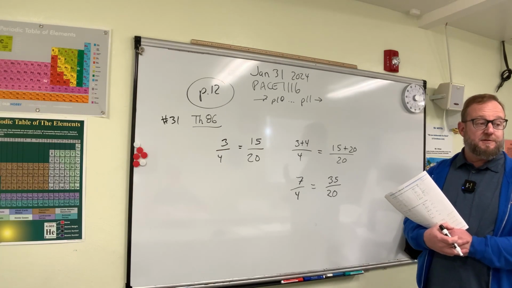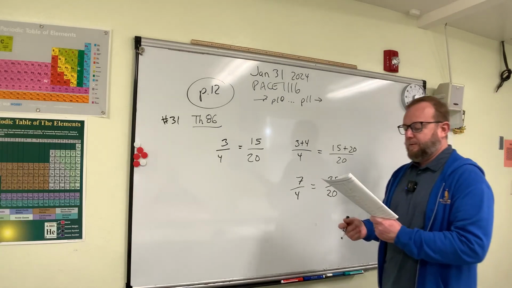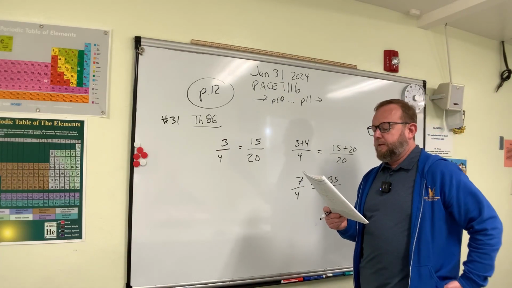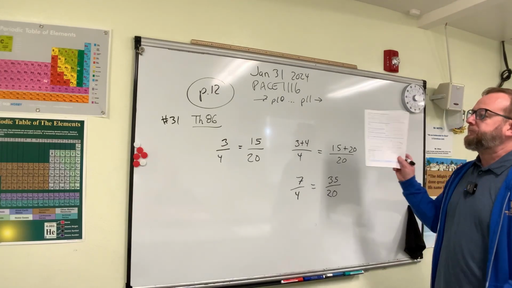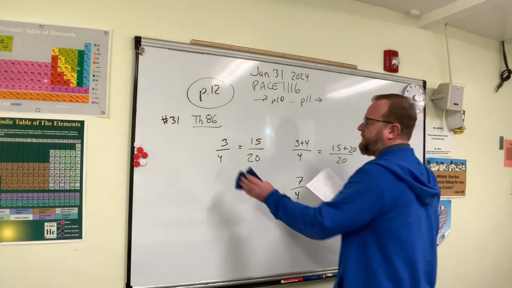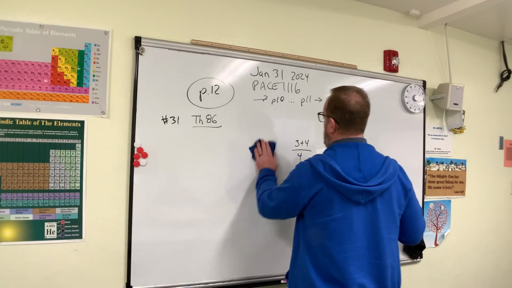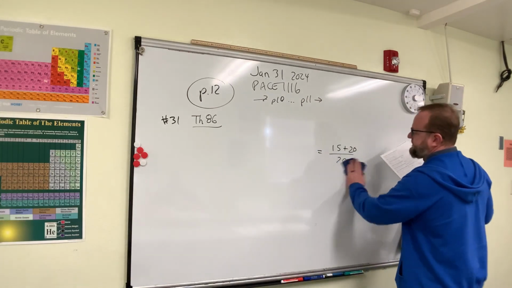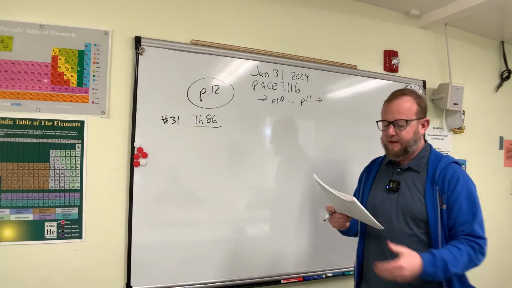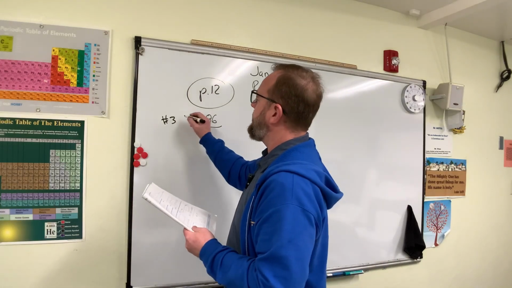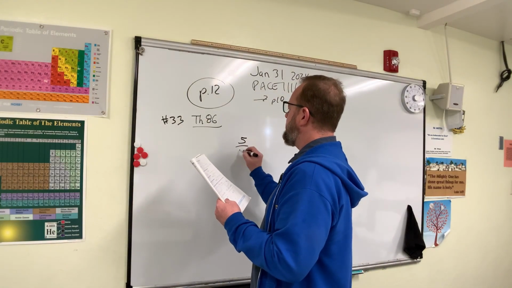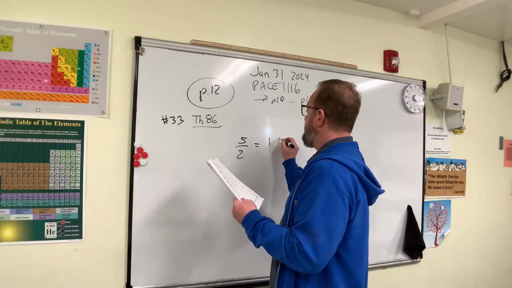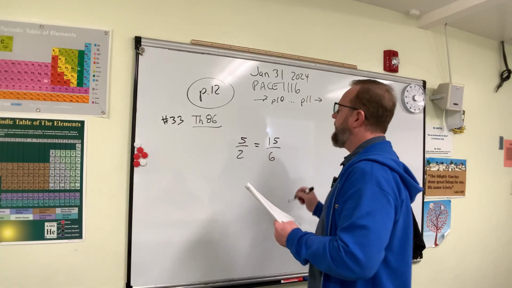You can also do this with subtraction, which is what we are doing with 33, 34. So that's problem number 31 and 32. Uses theorem 86 for addition. It says it also works with subtraction. Let's test that and see. Now, problem number 33. 5 over 2 equals 15 over 6.